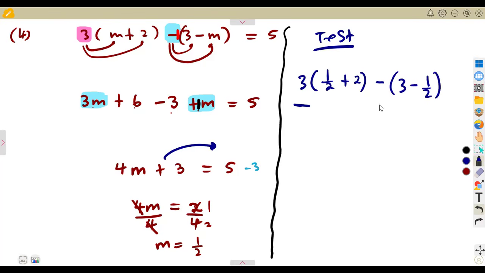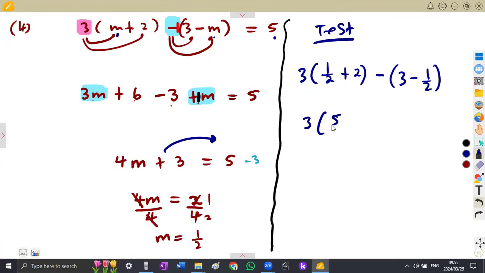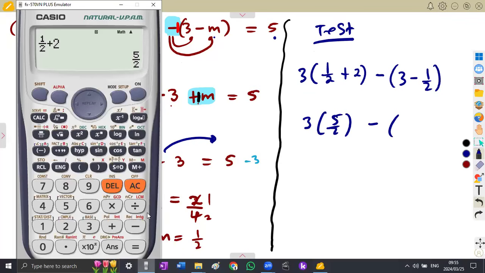When we substitute m where there is m, we put 1/2. We are supposed to obtain our answer as a 5. So just add this 1/2 plus a 2. That's 5/2. So it's 3 into 5/2 minus 3 minus 1/2.